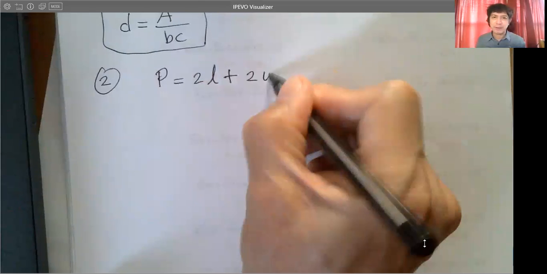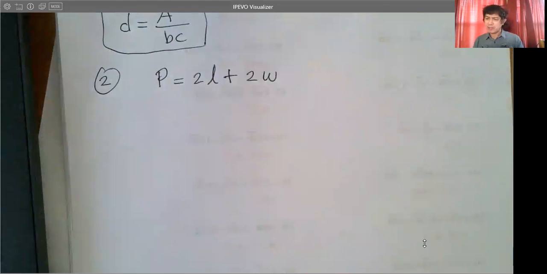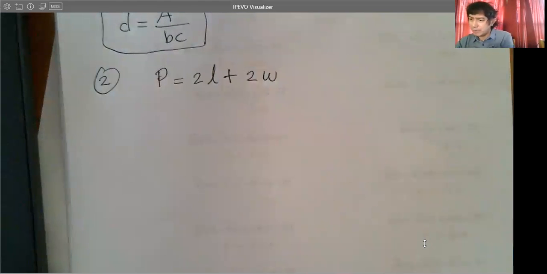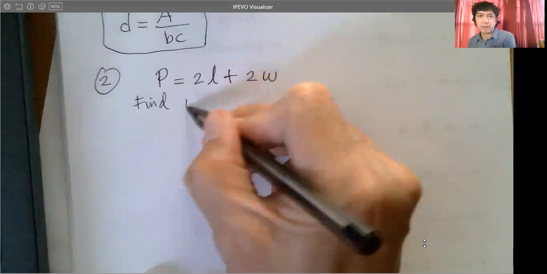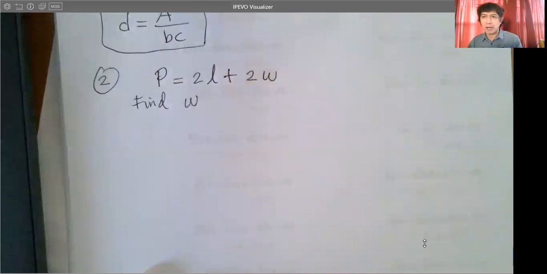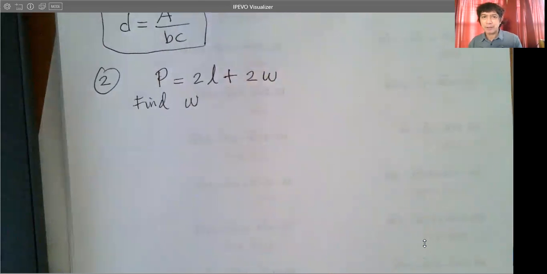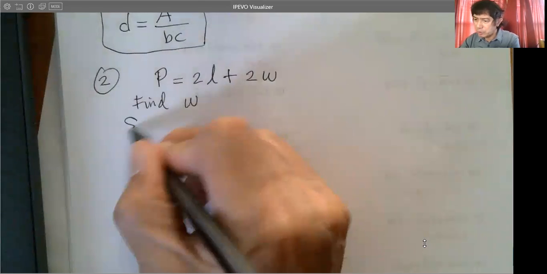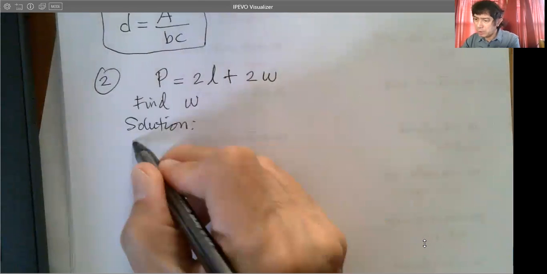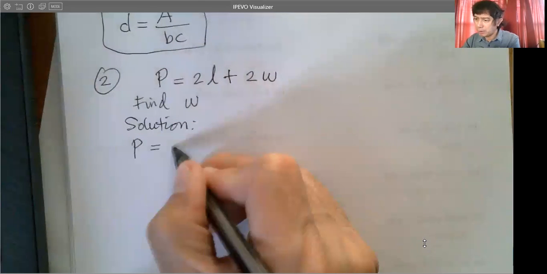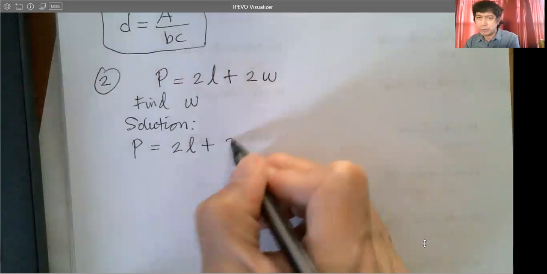We're asked to find W, which means in terms of the other letters. So let's call this the solution. We start with the given: P is equal to 2L plus 2W.